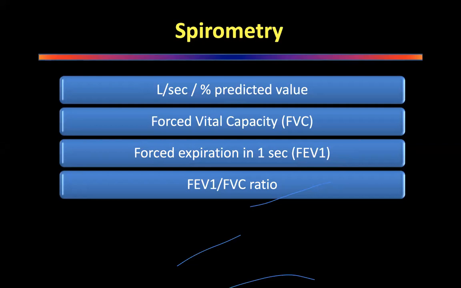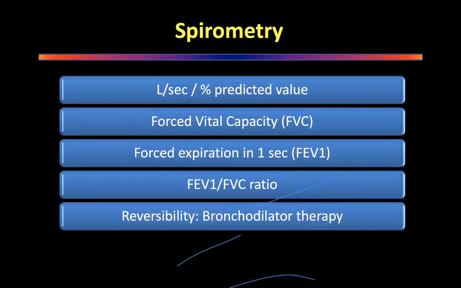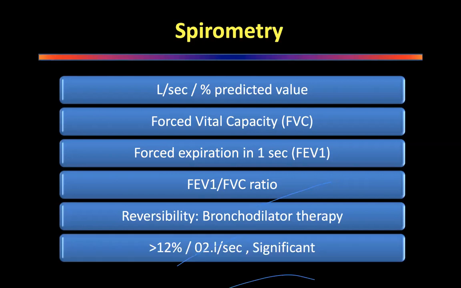Once you've done the first test, you give the patient a bronchodilator nebulization, wait for 10 minutes, and repeat the spirometry to see what the reversibility with the bronchodilator therapy is. If the reversibility is more than 12% improvement or 0.2 liters per second, it is considered significant reversibility in the patient.